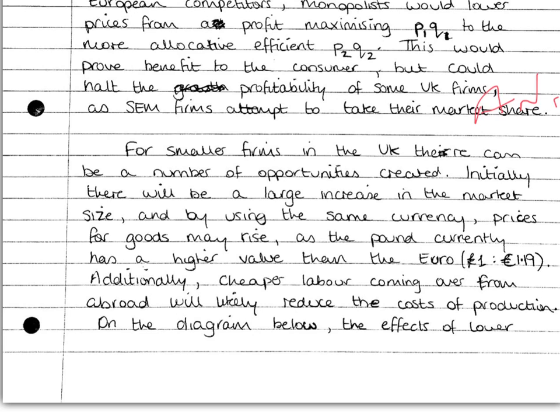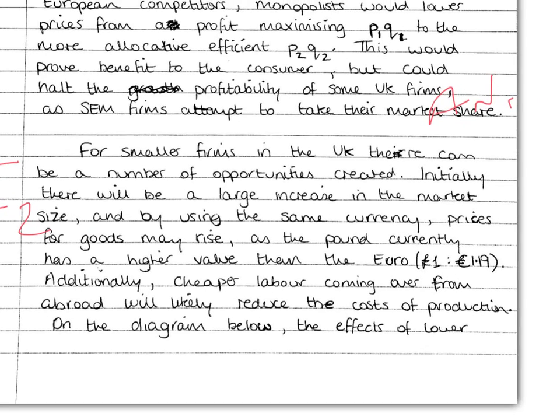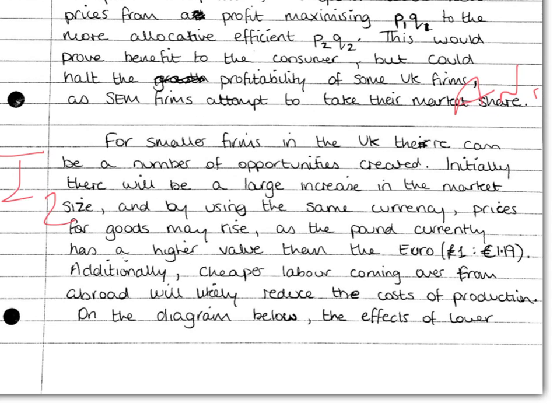Number of opportunities, so we'll accept this as I2, shall we? Market size, okay, so currency, again, it's just not going to go down well, your confusion between Eurozone and SEM.